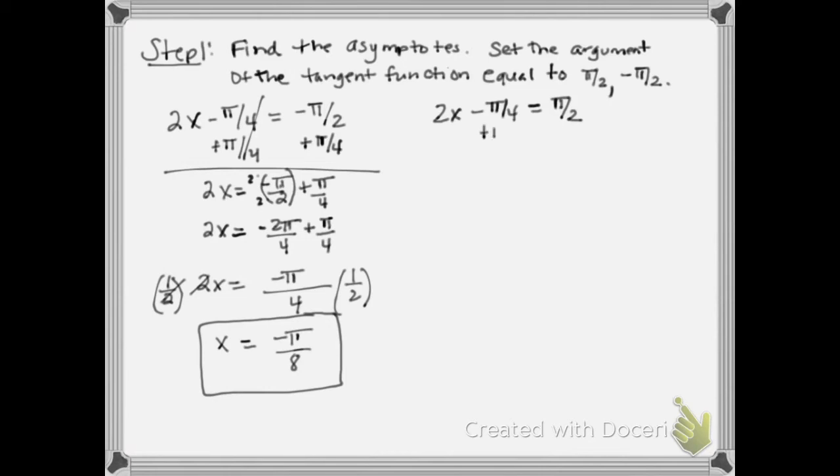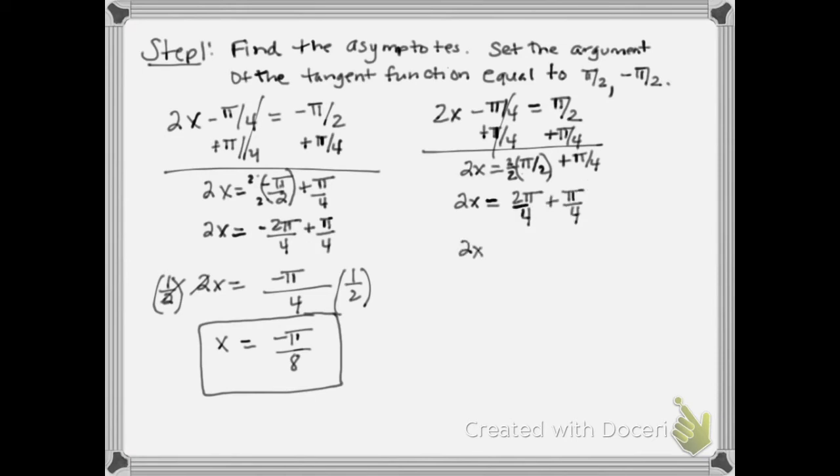Then I add pi over 4 to both sides. So I have 2x is equal to pi over 2 plus pi over 4. Again, I need a common denominator, so I multiply the first fraction top and bottom by 2. I get 2 pi over 4 plus pi over 4.